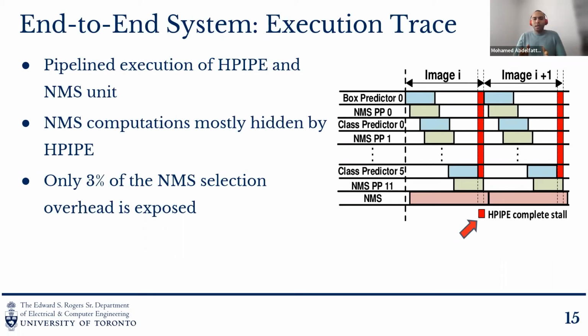As you can see, we have a pipelined execution where the data processing by the NMS is overlapping with the SSD convolution acceleration by Hpipe, and only 3% of the time within each image is Hpipe completely stalled, waiting for NMS to finish processing. This is very good and results in a highly overlapped pipeline execution.